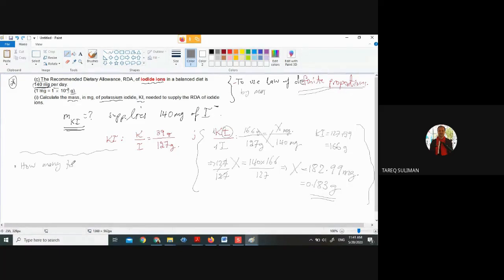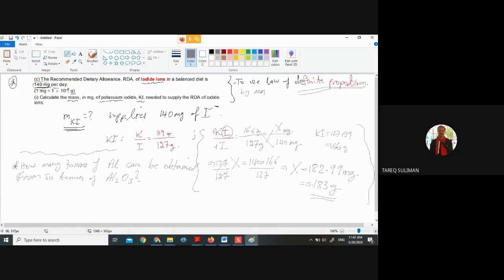How many tons of Al can be obtained from 50 tons of Al2O3? I think you remember similar questions from grade 10.